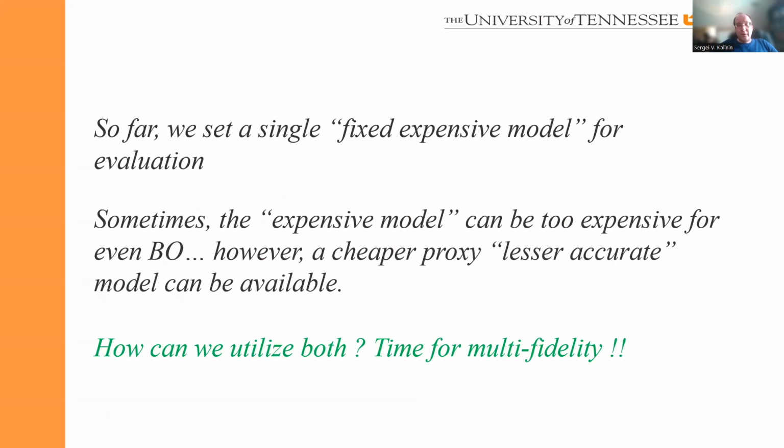So let's talk a little bit about the multi-fidelity problems and where they come from. For the time being, all our discussions have been dedicated to the scenarios when we have a single expensive model and we want to navigate the parameter space corresponding to the single expensive model in the most efficient fashion.